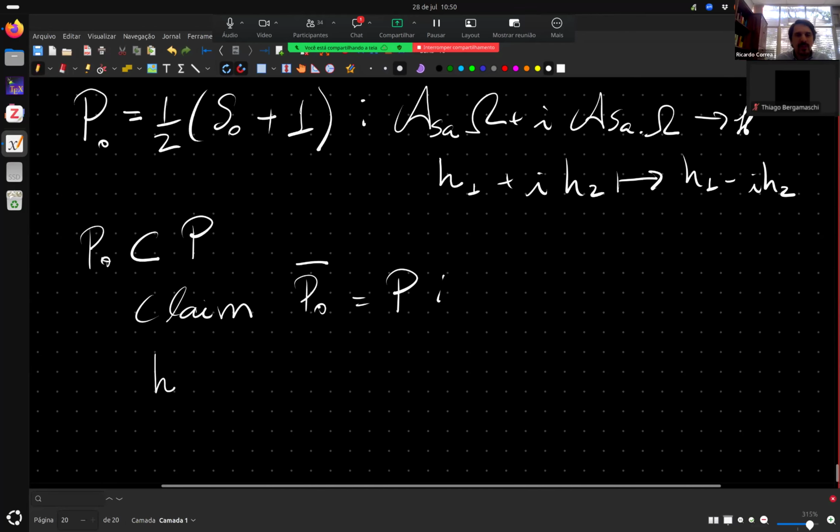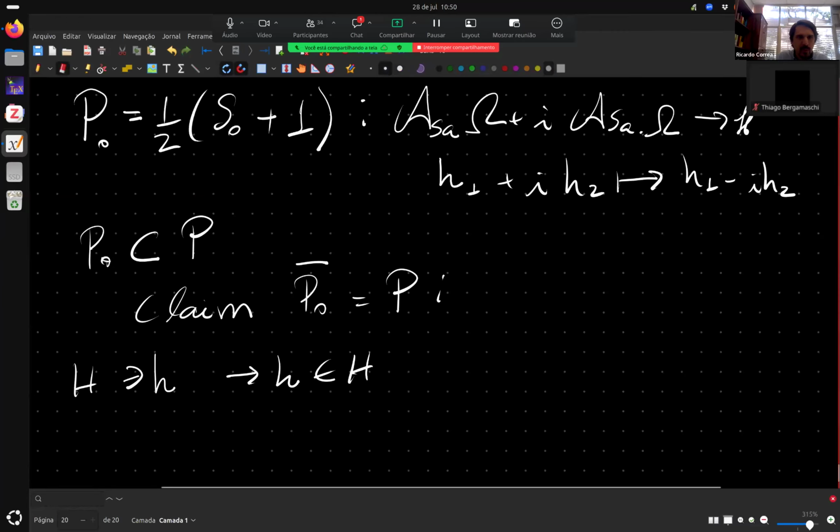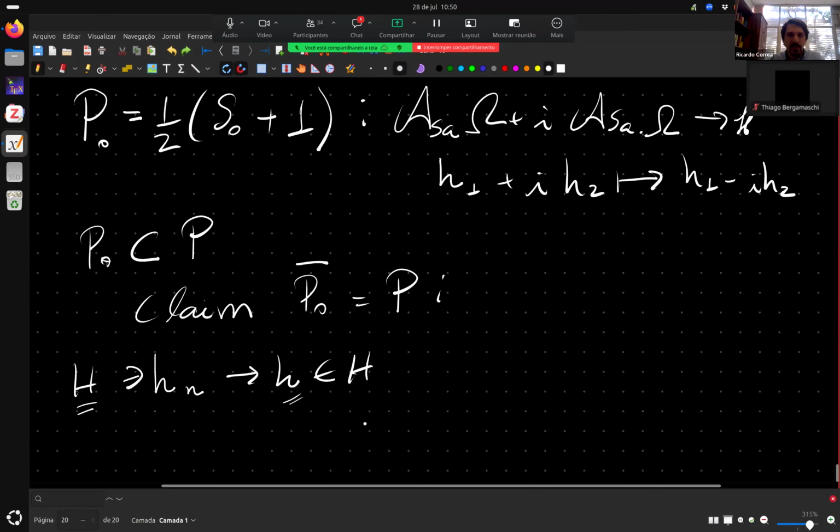The closure, remember, is the smallest closed extension. So I have a sequence of elements H_n in my standard subspace converging to something that lives in my standard subspace.